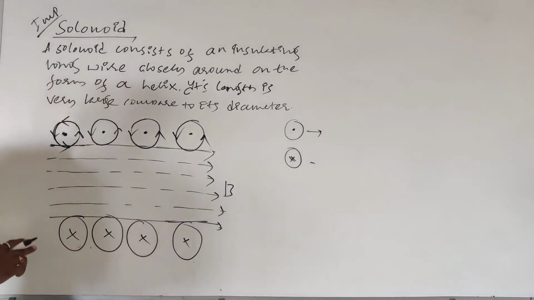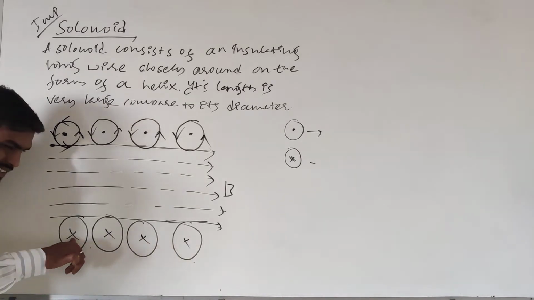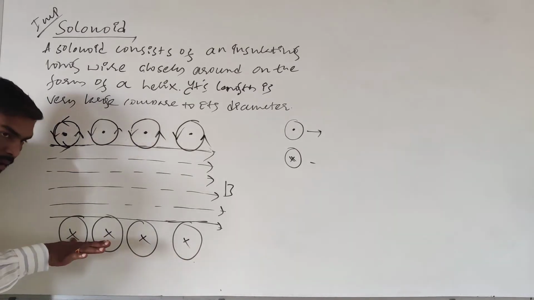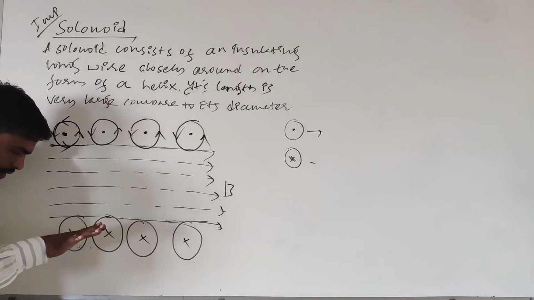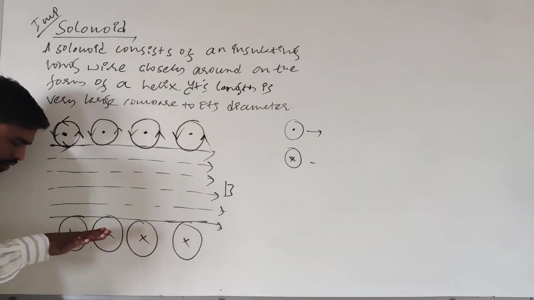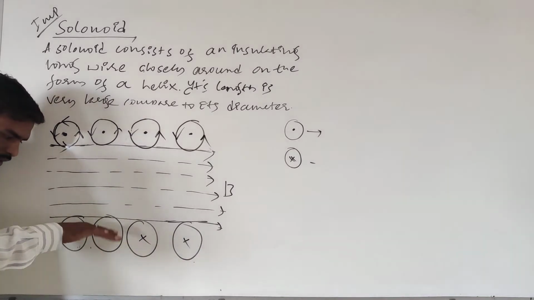Now see, here cross in a circle means inside the paper, inside this whiteboard, right? So then if this is the direction of the magnetic field like this, then the curls are going like this.